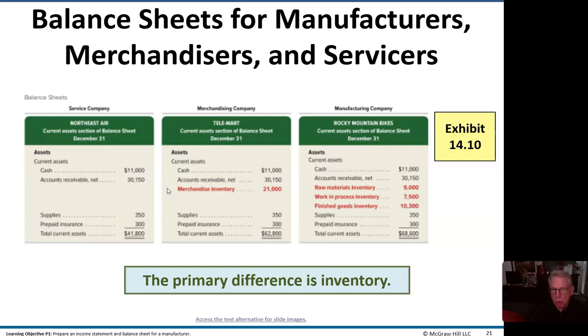Merchandising companies purchase from a manufacturer a completed product, put it on their shelves, and then we go in and purchase that merchandise as a finished good. Now, manufacturing companies, as we just went through, have raw materials, work in process, and finished goods inventories. The primary difference on balance sheets for manufacturers, merchandisers, and services, therefore, is inventory.